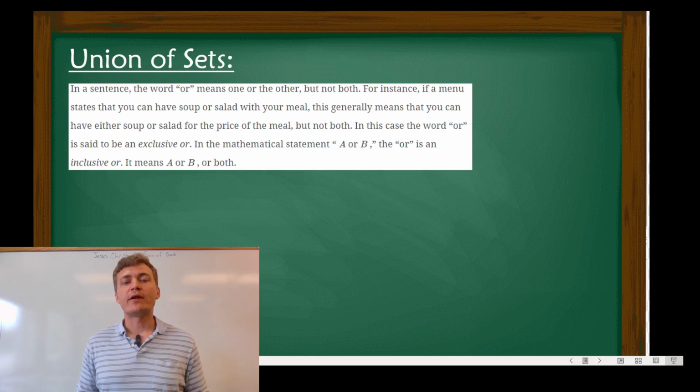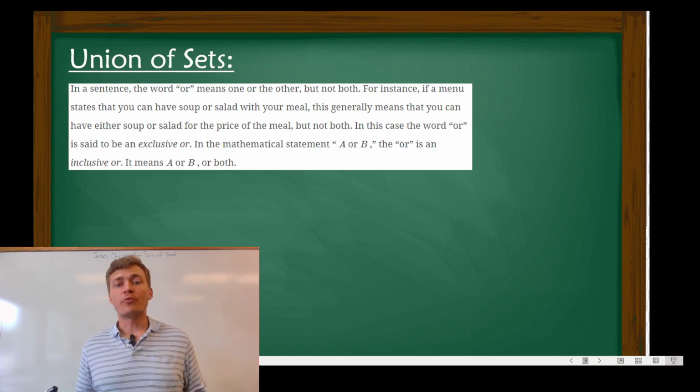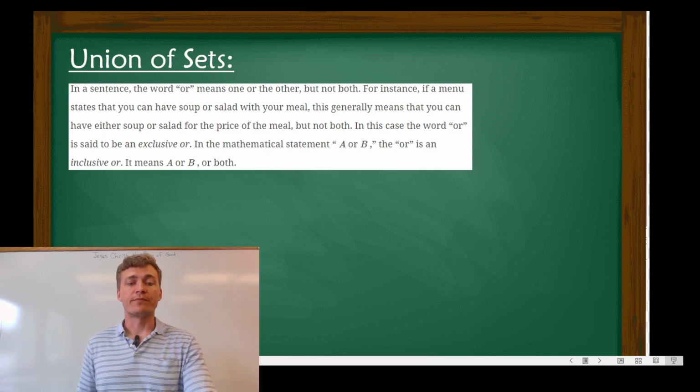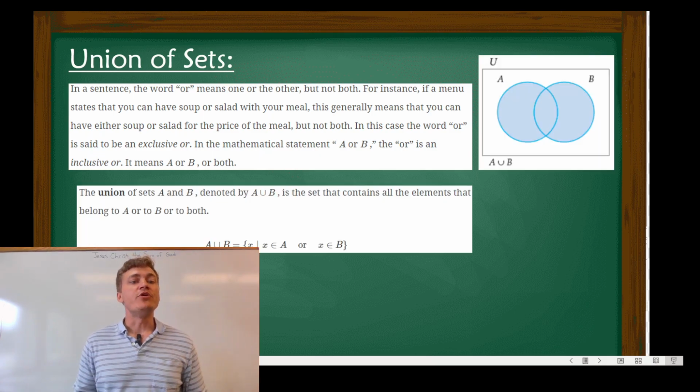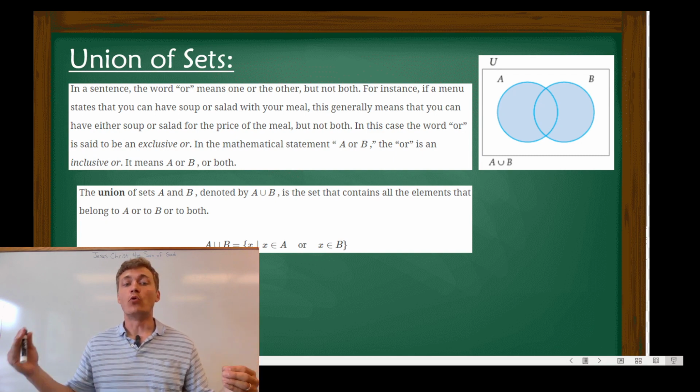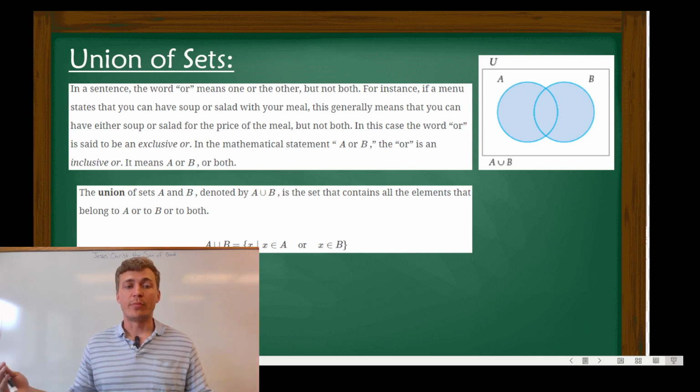However, in the mathematical statement A or B, the or is an inclusive or, meaning that it could be A or B or both. So the union of two sets, denoted as A union B, is the set that contains all the elements that belong to A or to B or to both.